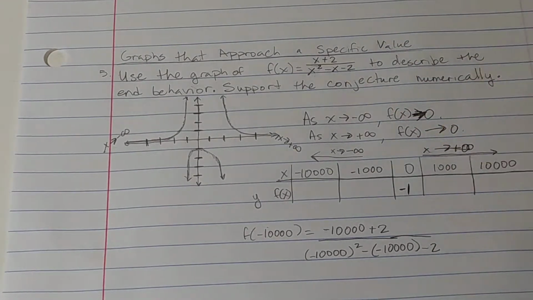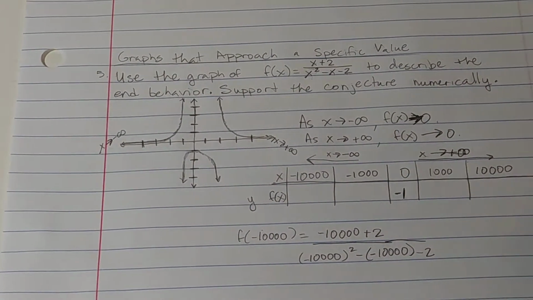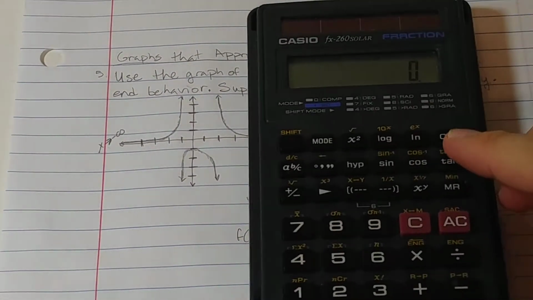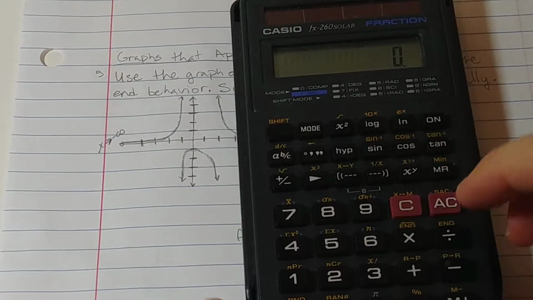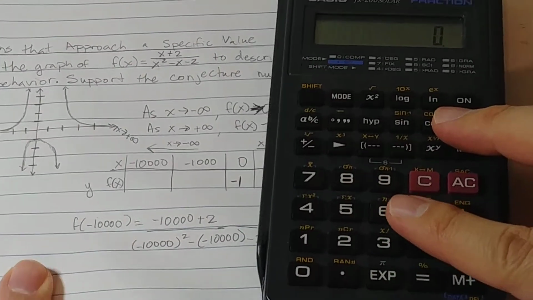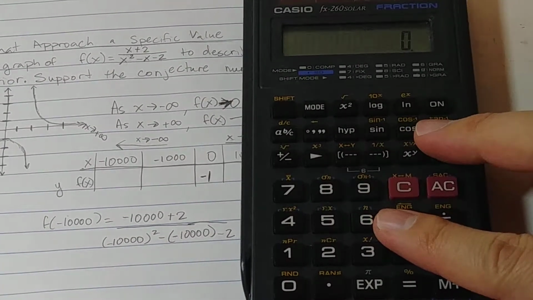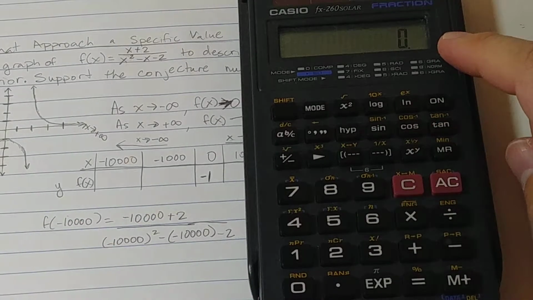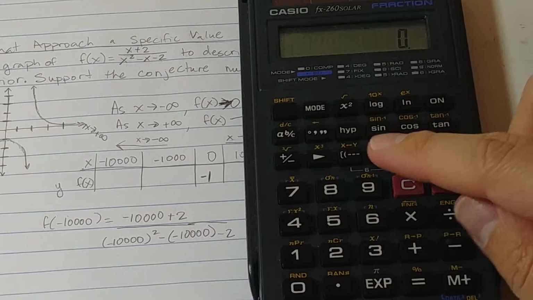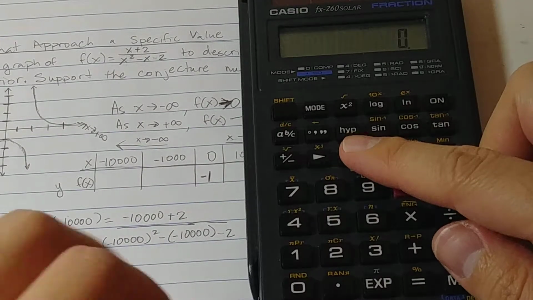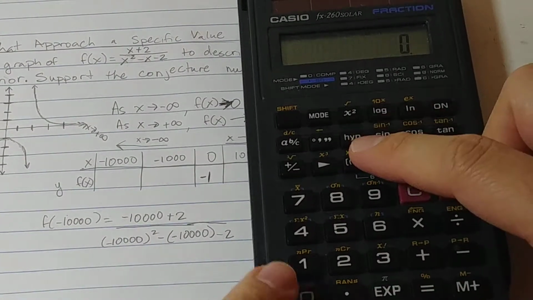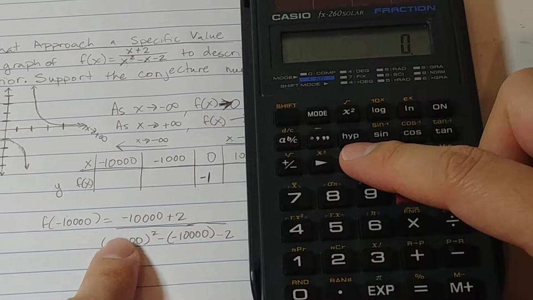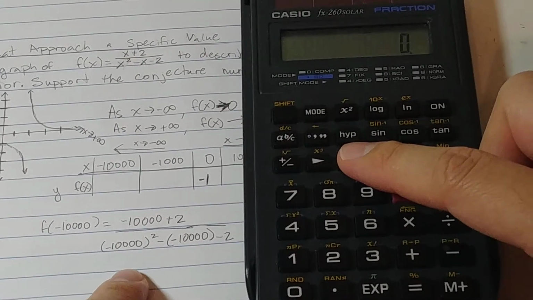All right, so let's use our calculator for this one. If you're using Desmos, I think you do need the parentheses, but for a scientific calculator like this one, you need the parentheses for the numerator and the denominator.